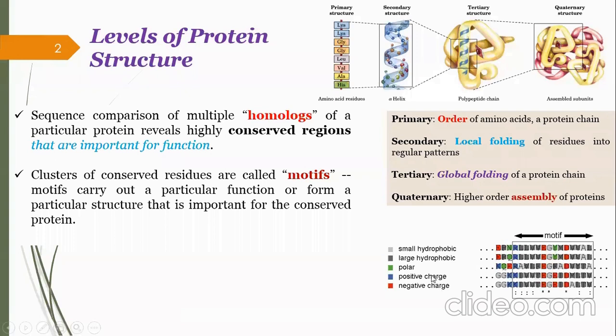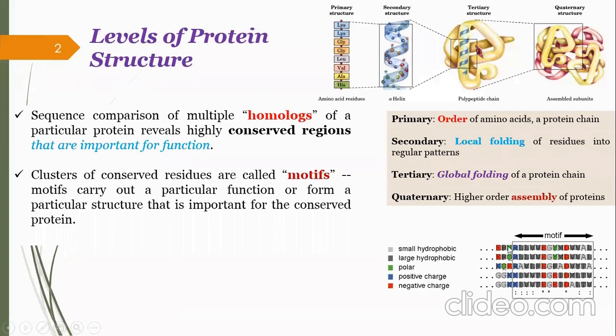And the dark shade will be a large hydrophobic amino acid. And the green ones are polar amino acids. So you can see the polar are being replaced with the larger hydrophobics in this very specific case. Here, some positive charged amino acids, like this residue, and these are negative charged amino acids.